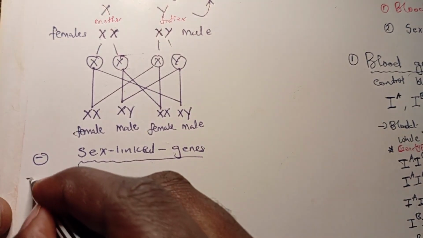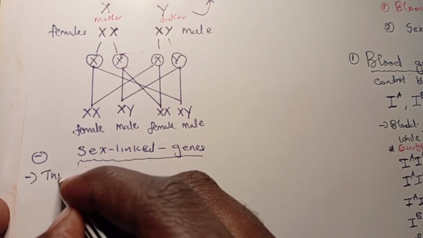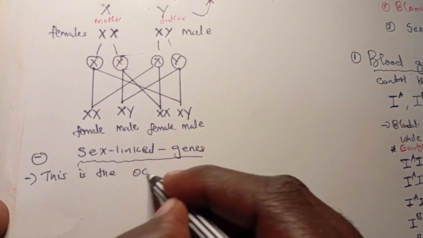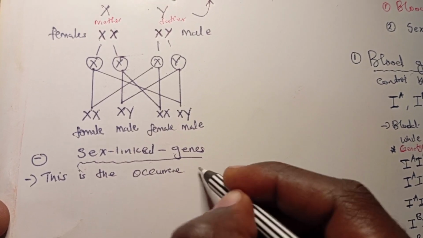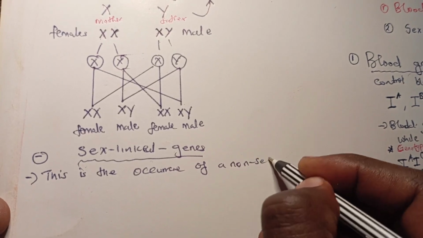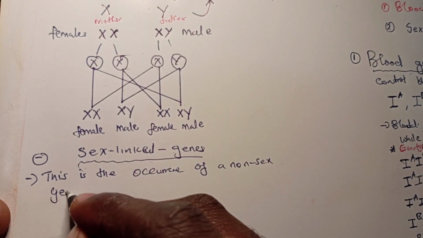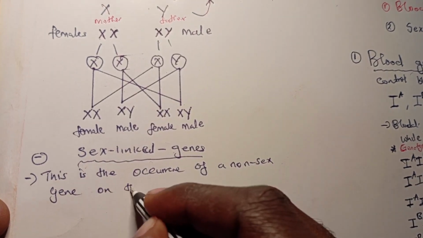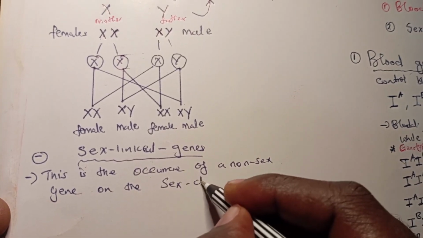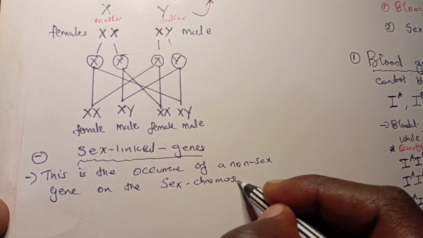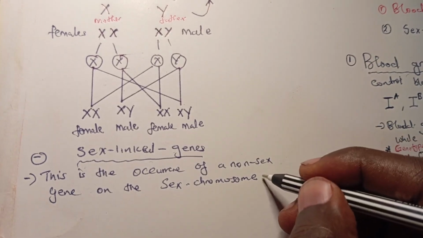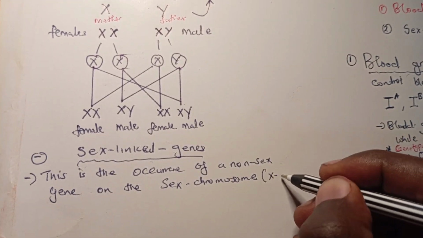So we can say this is the occurrence of a non-sex gene on the sex chromosome. And for this level, under O level biology grade 12, we are talking about the X chromosome.